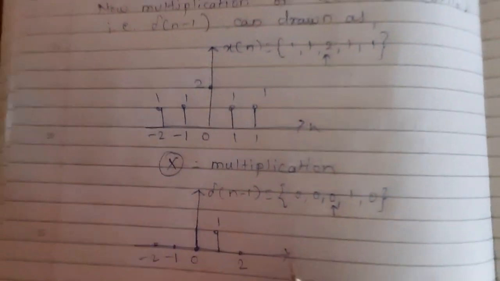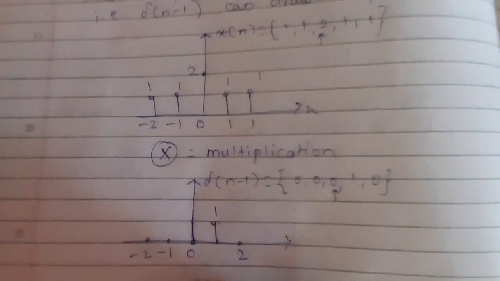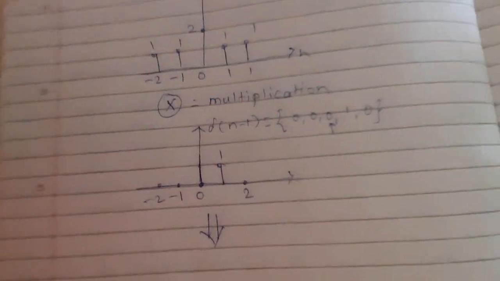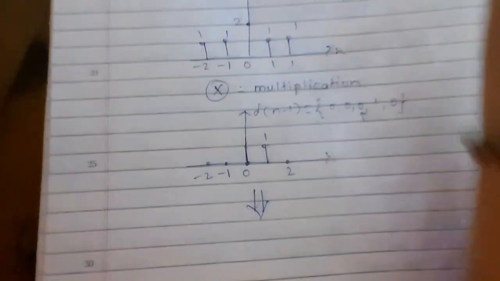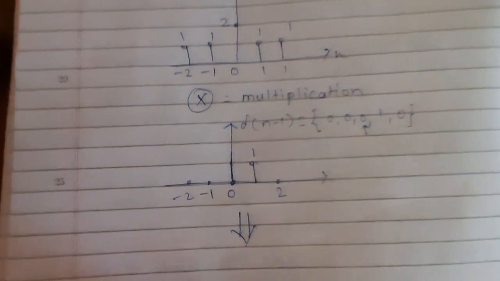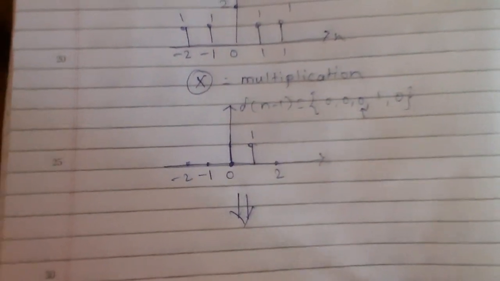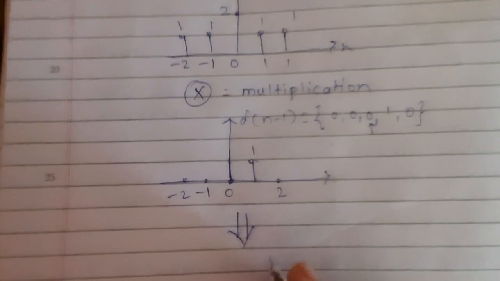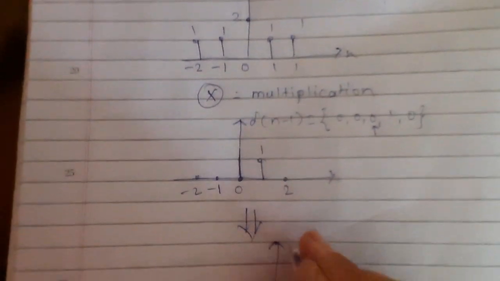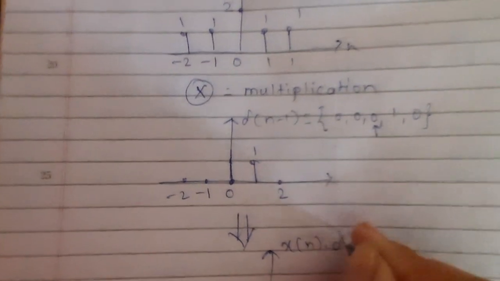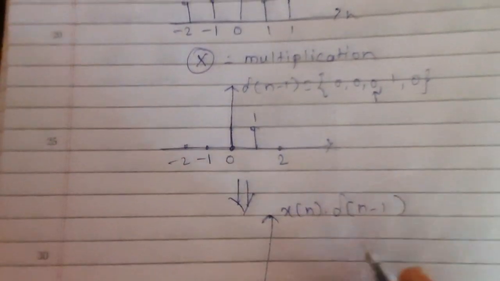So we multiply these two diagrams and the output is, this is n, this one is x of n dot delta of n minus 1.